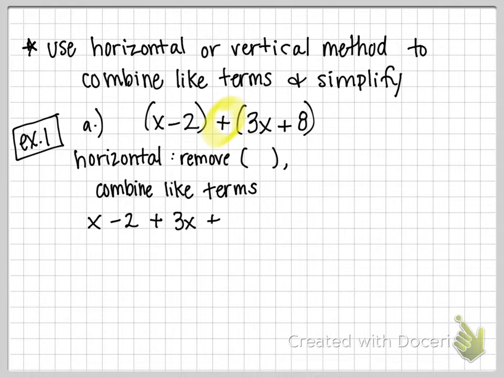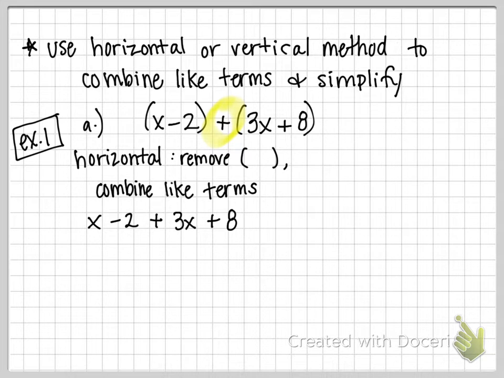So let's look at how this would look horizontally. The first step would be this. Just notice how I removed all the parentheses: x minus 2 plus 3x plus 8. And then we just combine the like terms.